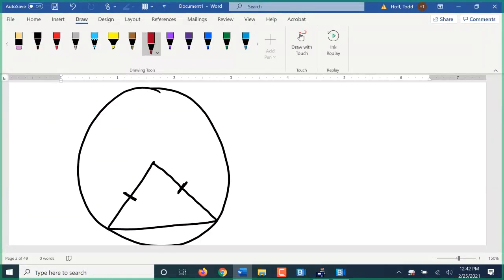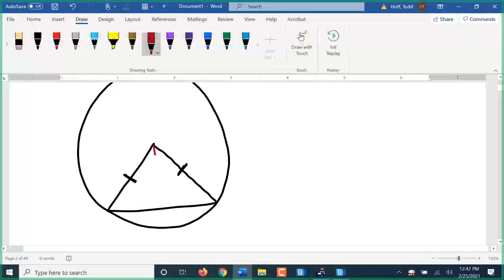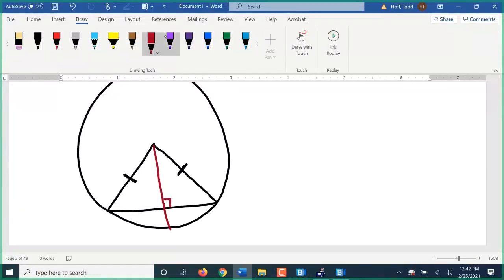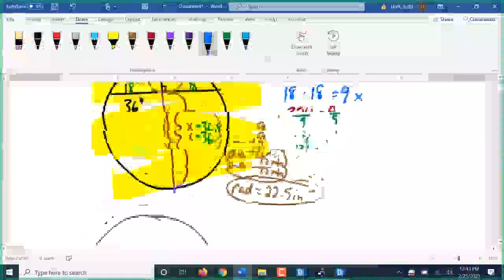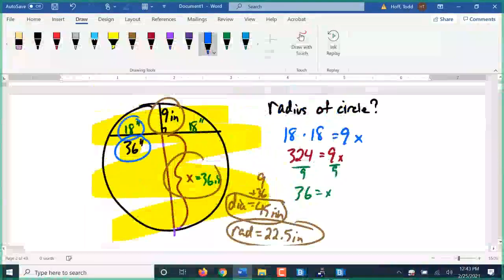If I draw in this line here that is perpendicular to that line, at least this portion of the line from here to here, is an altitude of that isosceles triangle. And so since it's perpendicular, since it's an altitude, that means it cuts this side in half. That's what we needed to know up here to cut that 36 into two pieces of 18 inches and 18 inches.